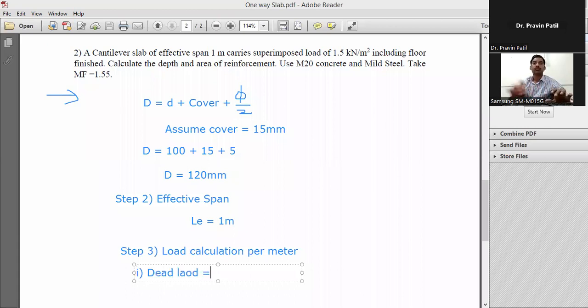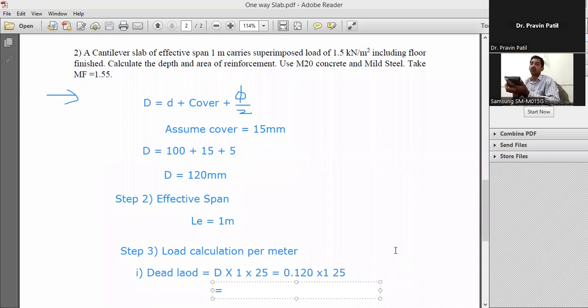Dead load is the overall depth of slab, 120 mm, converted to meters, into 1 meter width into the unit weight of concrete, which is 25. So dead load is 0.120 into 1 into 25, which will be 3 kilonewton per meter.